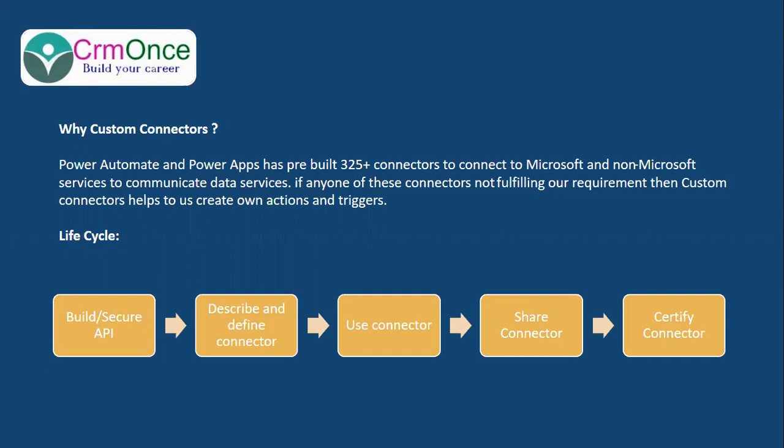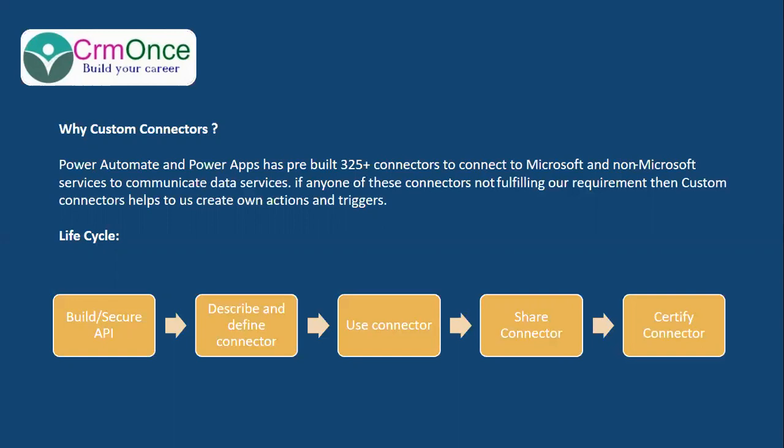The life cycle of the connector: the first step is to build and secure your API. The second step is to describe and define the connector. The third step is to use the connector you built. The fourth step is sharing your connector with someone.